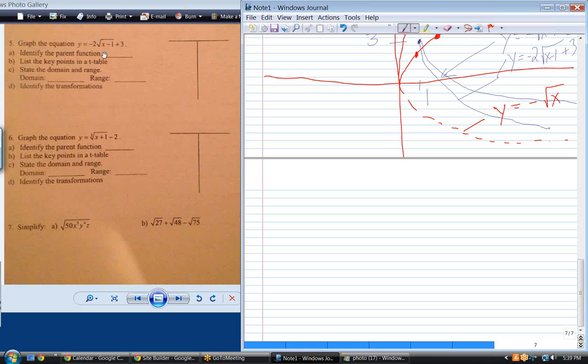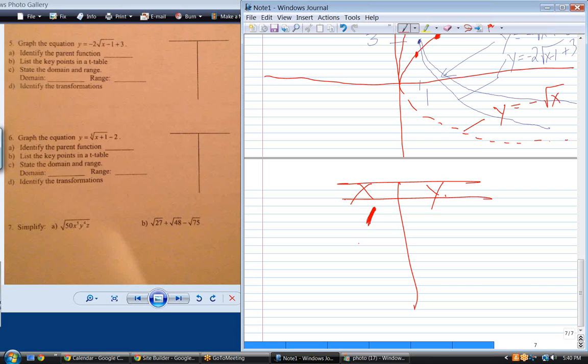Okay, so we've got the parent function. List the key points in a t-table. What would be one key point? Let's see. 0. Well, can x be 0? No. Because then I'd be taking the square root of negative 1. So 0 is not a key point, but x equal 1 is.